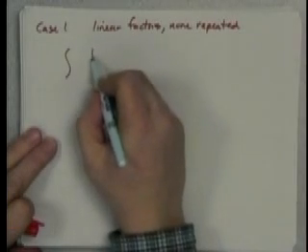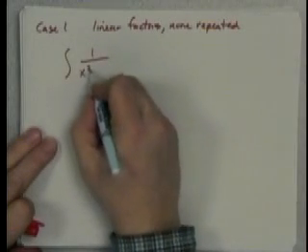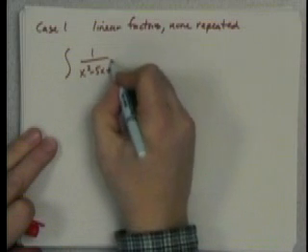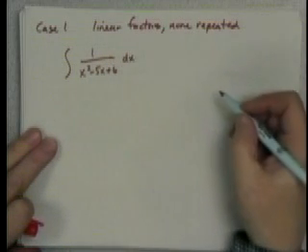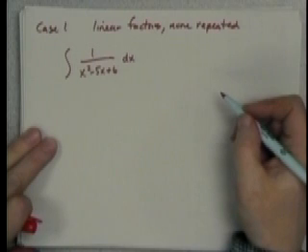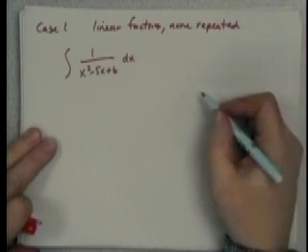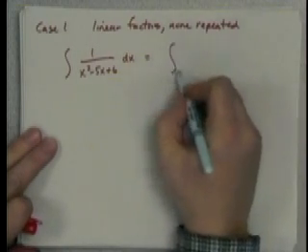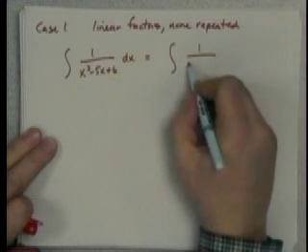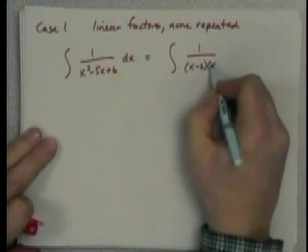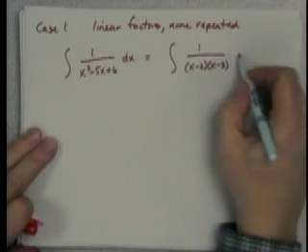So I have the integral, say, of 1 over x squared minus 5x plus 6. So the first step is to factor that denominator. In this case, it's x minus 2 times x minus 3.